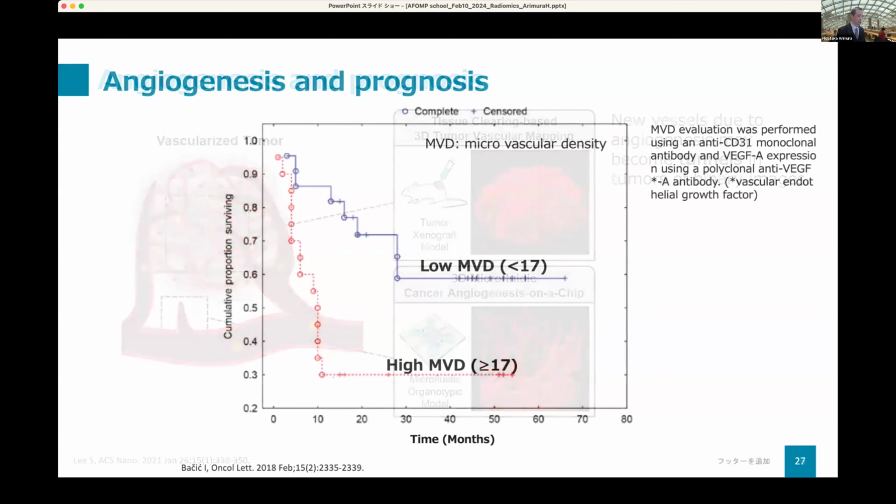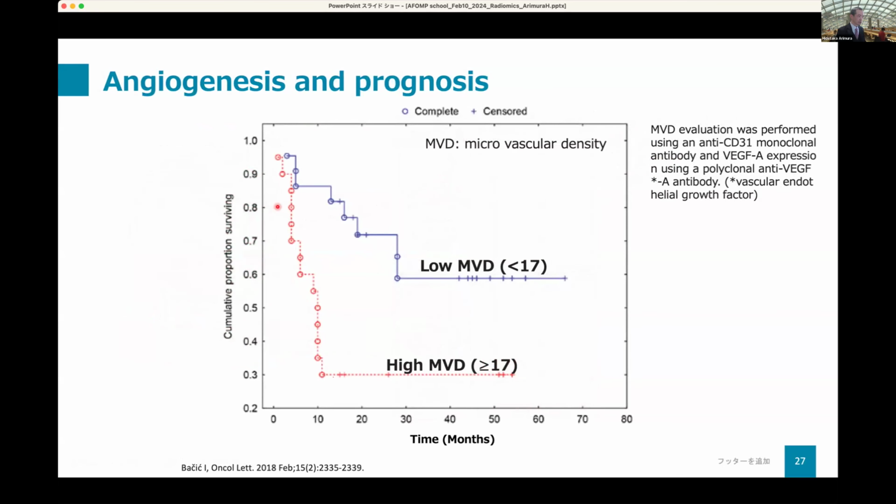And here is a Kaplan-Meier curve. If the cancer has high MVD, microvascular density, the patient has a high survival risk. So this is very strong evidence.